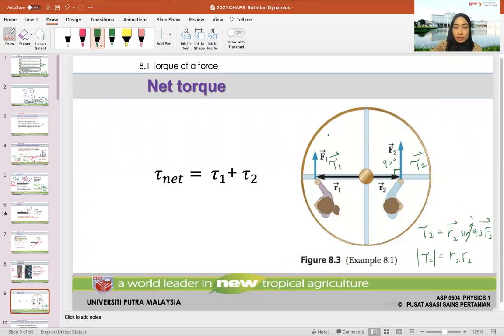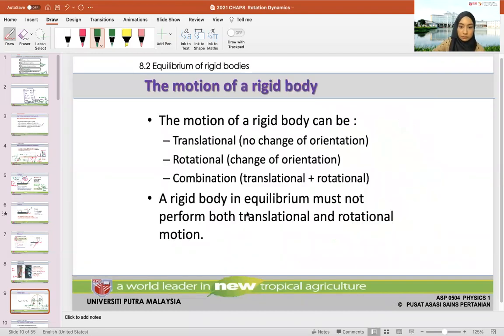And then for torque number 1, this is the magnitude equation. R1 sine 90, the angle is also 90 degrees, F1. So this becomes 1, and the magnitude is just R1 F1. So you add them together as magnitude. Nanti kita cakap pasal adding torques together later.